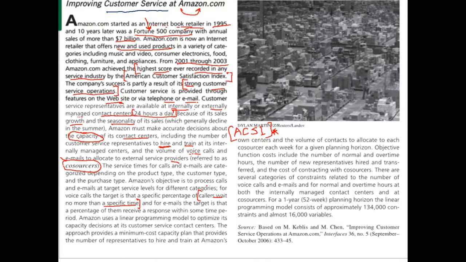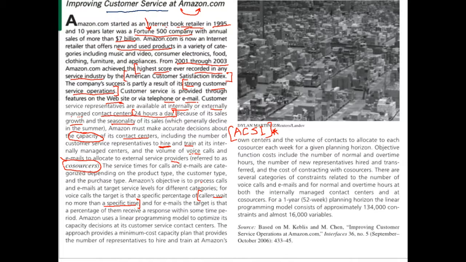Normally you would have experienced that you are calling a bank or mobile company to launch a complaint. There will be an automated message that you have to wait for 1 minute, 2 minutes, and sometimes it is endless. So that becomes a reason for dissatisfaction for the customer. So Amazon said, we will limit the waiting time to certain minimum.